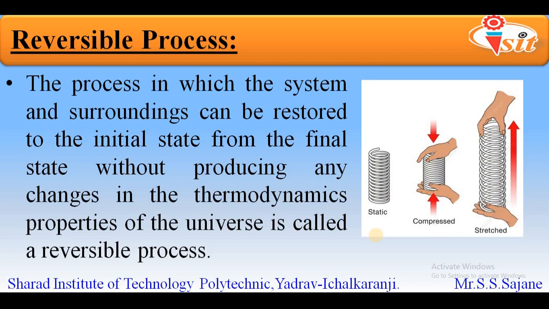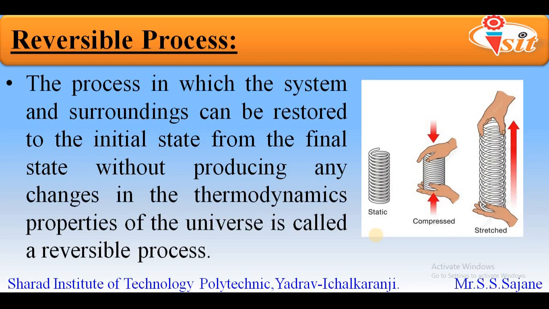If you consider the example of a spring, as shown in the diagram, the compression or expansion of a spring is nothing but a reversible process. If we apply some force on the spring, it will get compressed, and simultaneously it will also store the applied energy. And when the applied force is removed, it will release back the stored energy.